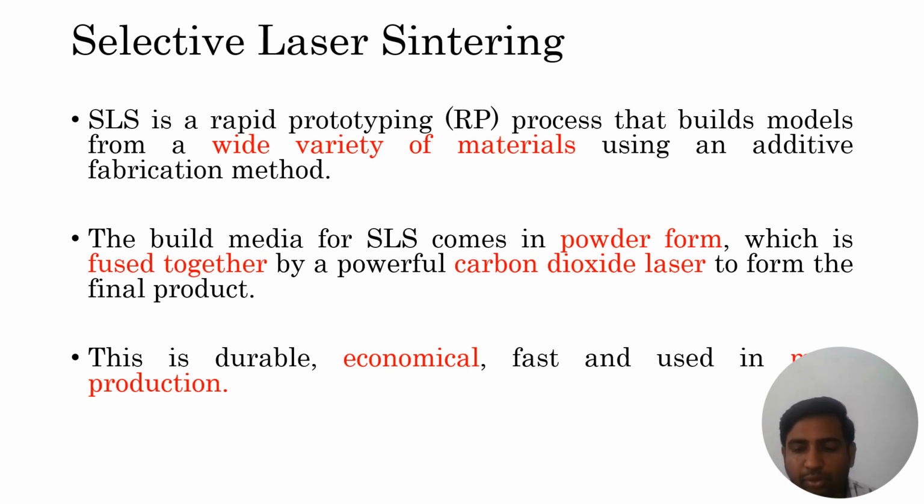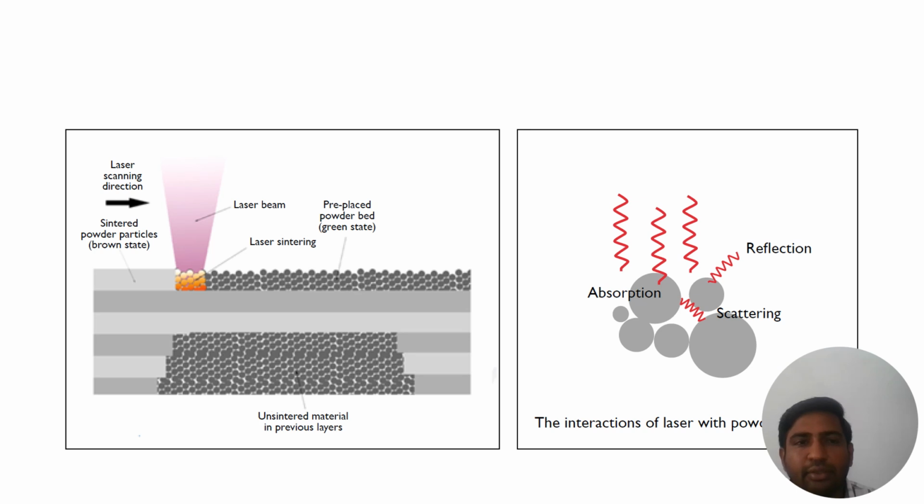Okay, so let's move on to its operation. This picture represents the laser which sinters the powder. In the diagram on the right side, you can clearly see that some of the metal powder is absorbed by the laser, and some is scattered or reflected. Only the absorbed metal powder is solidified, that is, fused as metal.